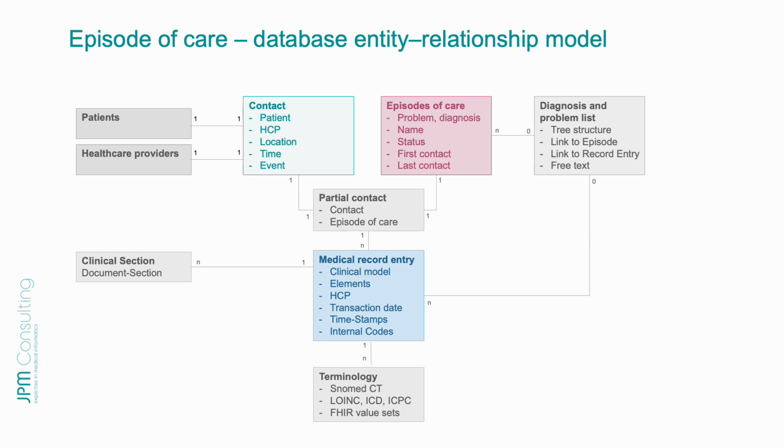Each entry is associated with a partial contact, meaning it belongs to a particular contact and to a particular episode of care. Every medical record entry is organized under a clinical section, and it can be linked to terminologies. The diagnosis and problem list is a derived view, providing a structured overview of episodes.